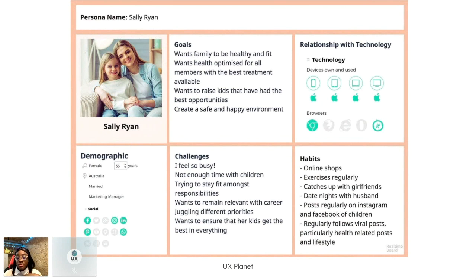Her challenges, which are more like frustrations, are she's so busy, she doesn't have enough time, and on and on. Relationship with technology, really good. Habits, okay. Online shopping, exercises regularly, catches up with girlfriends, and so on and so forth. And a lot of input has gone into this. A lot of information from the research that has been carried out.